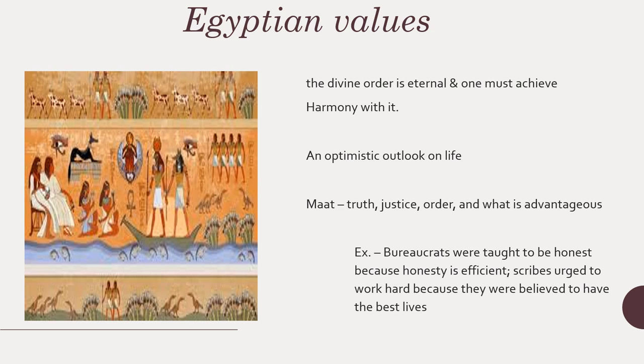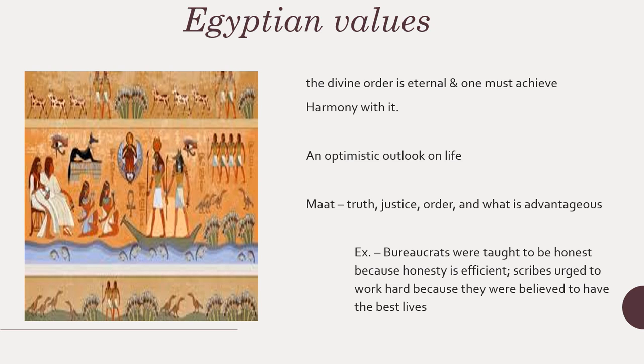The principle of Ma'at, truth, justice, order, was taught primarily to bureaucrats, government civil servants, who used this principle to promote and keep themselves honest. Honesty was seen as consonant and crucial for efficiency.